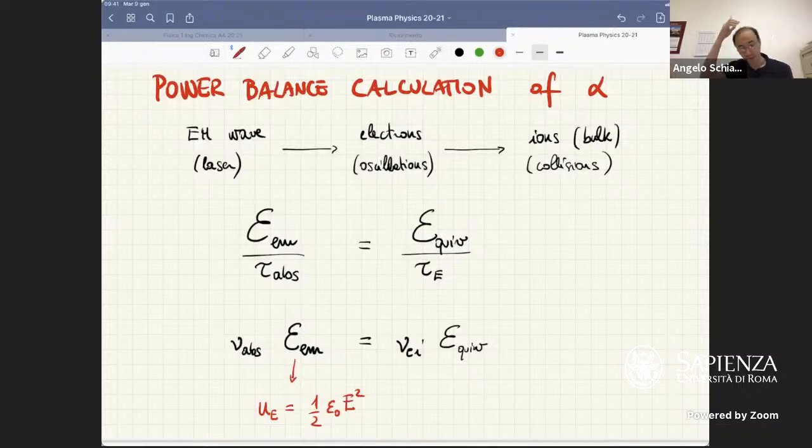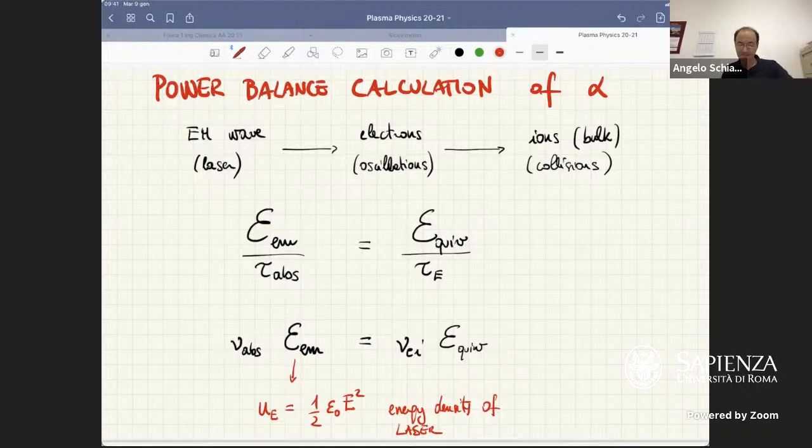Given that the magnetic field is equal to the electric field divided by c, we can combine the two into a single energy density of the electromagnetic field. This is the energy density of the laser. We give a name to this kind of electromagnetic wave, and it's simpler to just call it the laser, which we are, for instance, shooting from outside the plasma, and we want to couple its energy to the plasma itself.